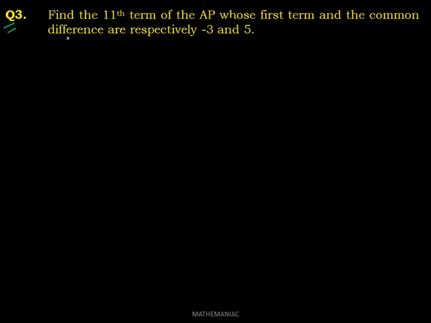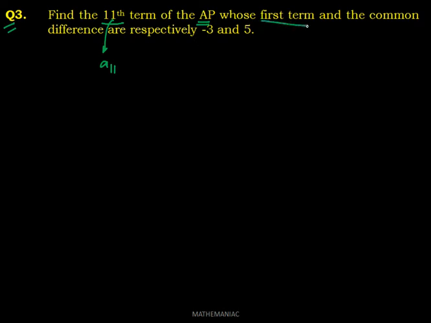Now you see here, find the 11th term. Quickly in your mind fix a symbol for this. If somebody asks you what is the 11th term, your mind should fix it as A11. That means you are told to find A11, right? Now you are more comfortable because you know this is an AP, so the arithmetic progression formula will work.